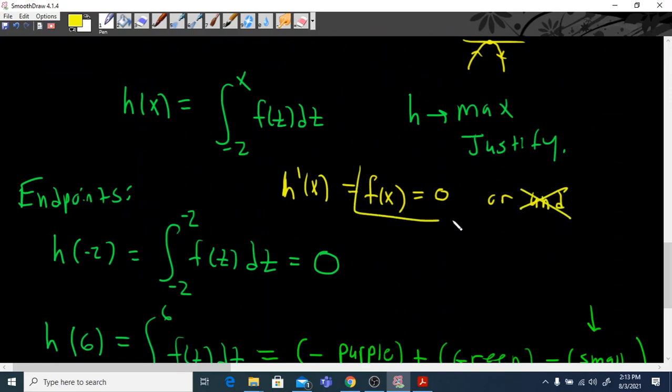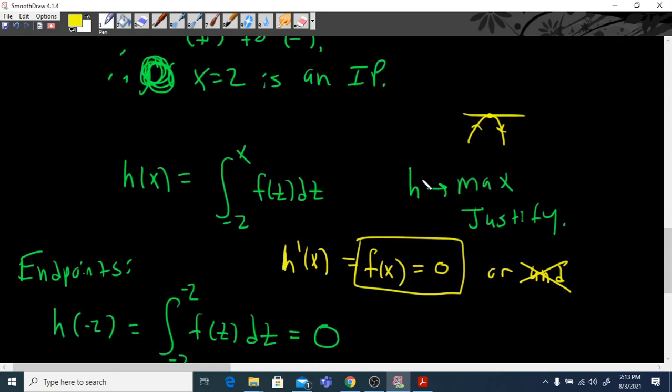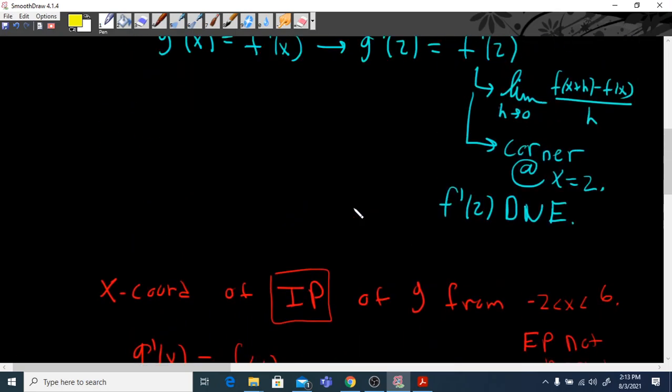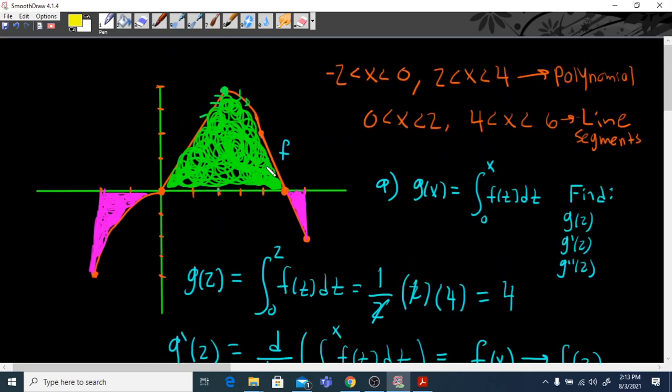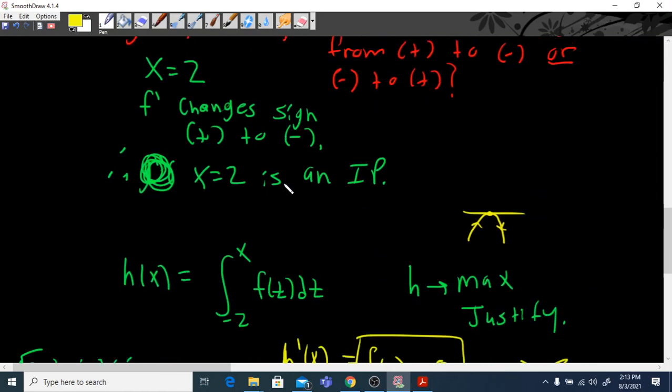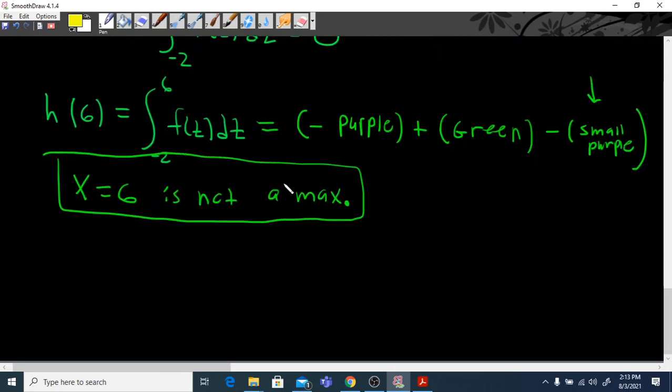We only have to consider the interior where f is 0, and where the slope of h, which is f, goes from positive to negative. Here f goes from negative to positive. Here f goes from positive to negative. There we go, x equals 5.